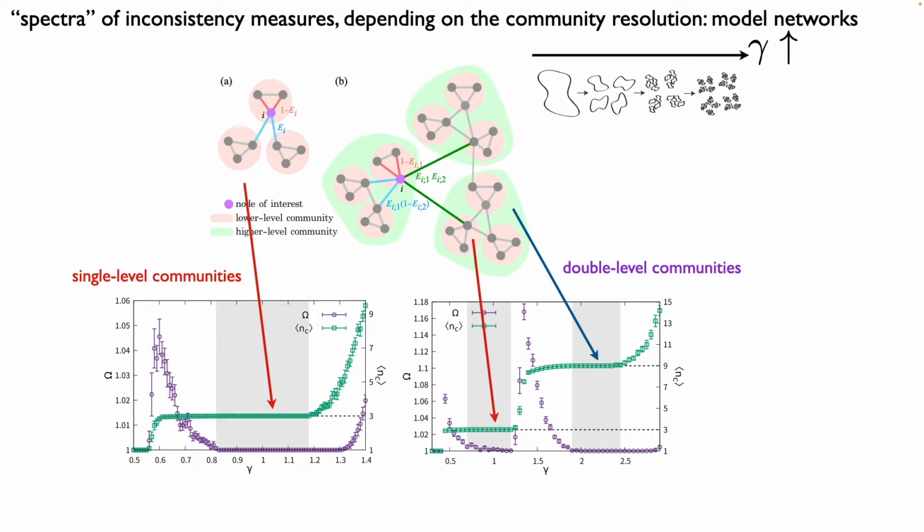By using this series of models with single-level and double-level or hierarchical communities, we verified that our method can actually find the most consistent community across different community resolutions.